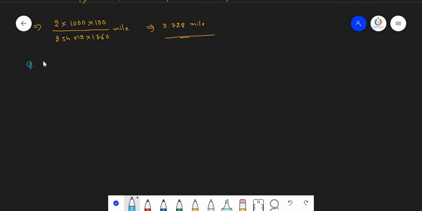So let us see question number 5. Convert 0.8 carat into grams and kilograms.